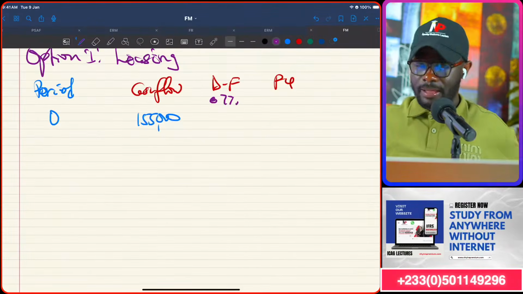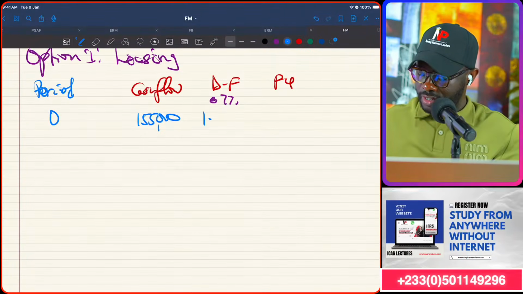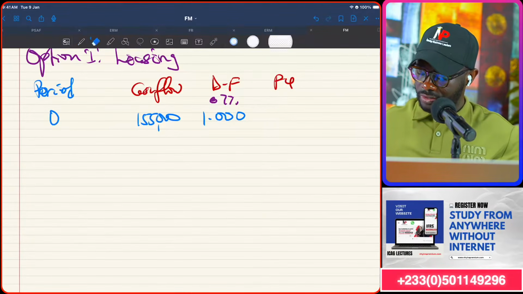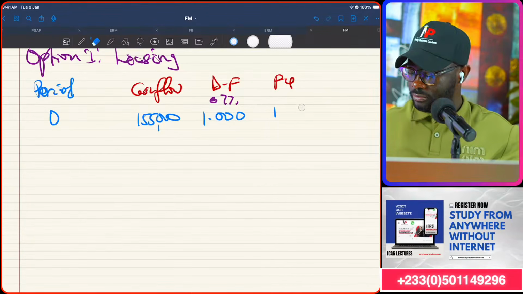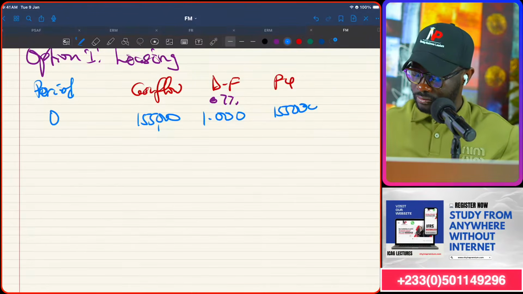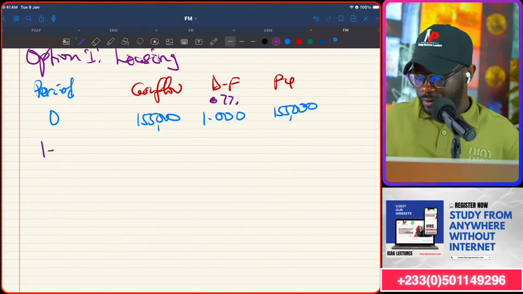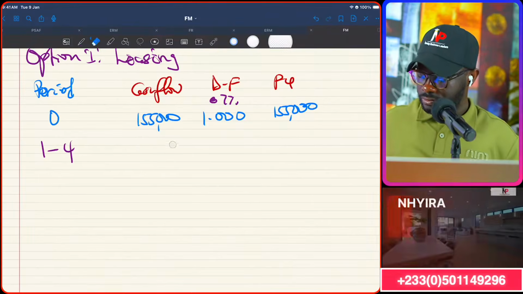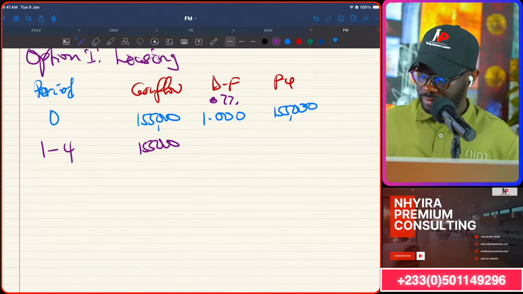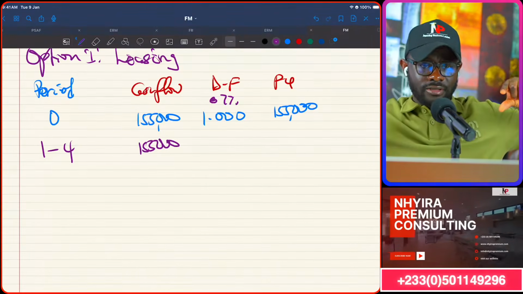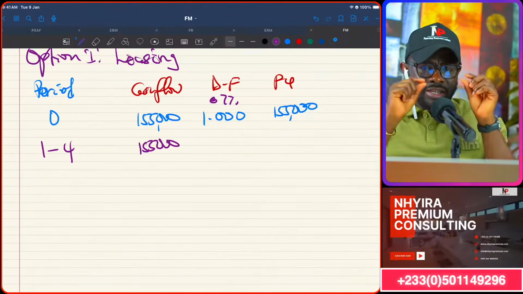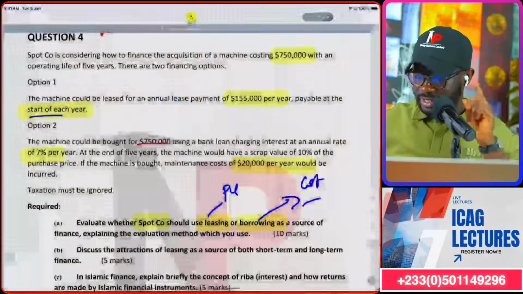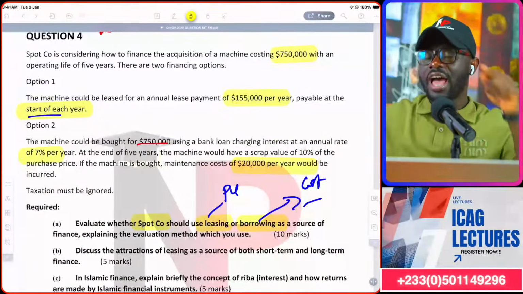at 7%. Now, year 0 is 1.00, so that figure will still be 155,000. No problem. Then from year 1 to year 4, we will pay 155,000. And there we can do annuity. So that is the concept that I was highlighting: don't be deceived that you are hearing 5 years.